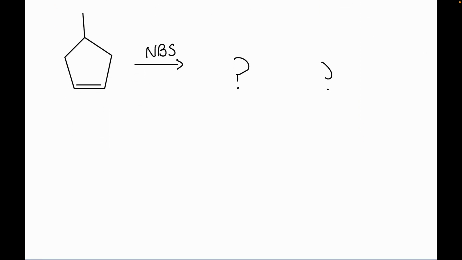Okay, so again, we don't really know the mechanism behind this, but we do know that this will go through a free radical intermediate here. So I have a radical on that allylic carbon.